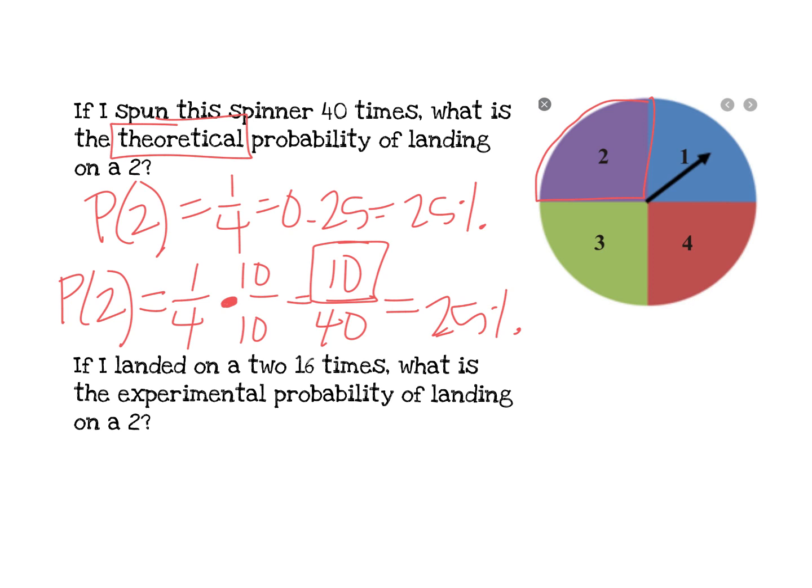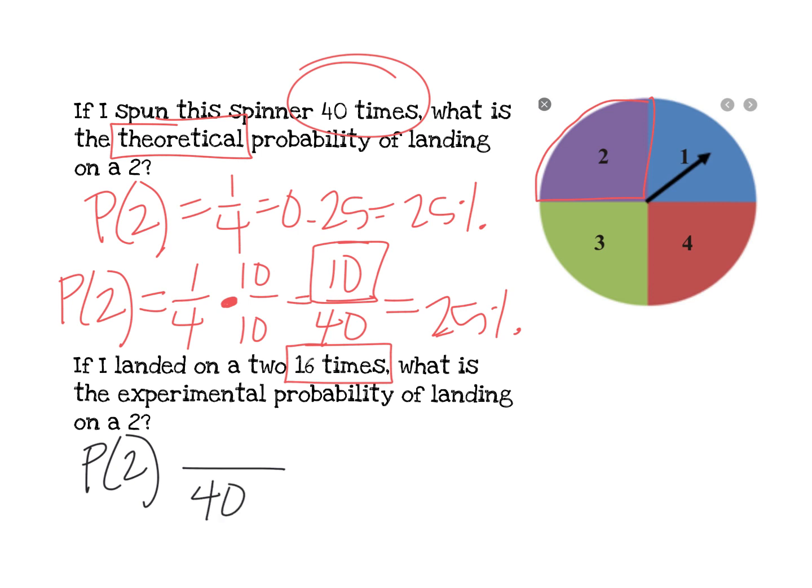If I landed on a 2 16 times, what is the experimental probability of landing on a 2? So again, I spun the spinner 40 times, and I got a 2 16 times. So the probability of landing on a 2 after my experiment is 16/40.